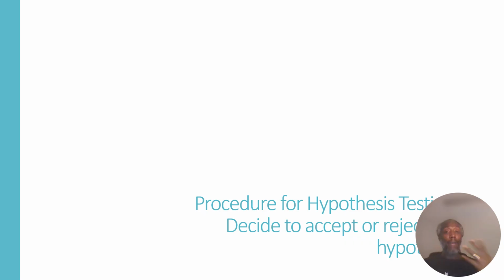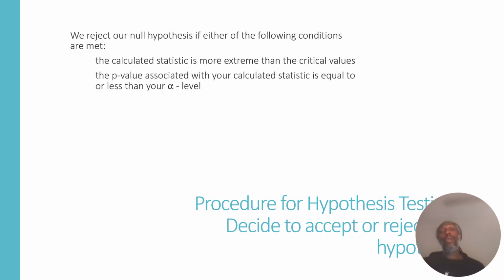So we have our critical values. We have calculated our statistics. We can compare our statistics to the critical value, or we can compare the associated probability, or p-value, with our alpha level. If we find that the calculated statistic is more extreme than those critical values, then we could reject the null hypothesis.